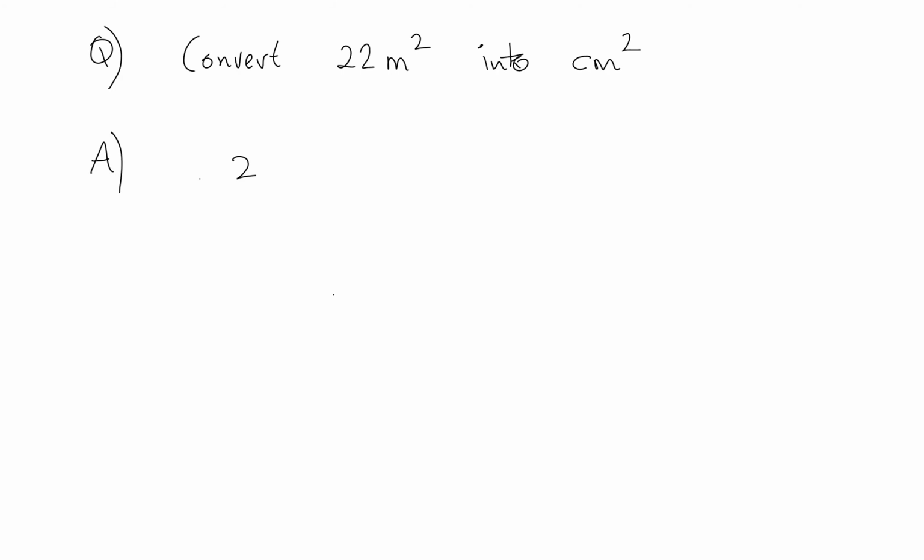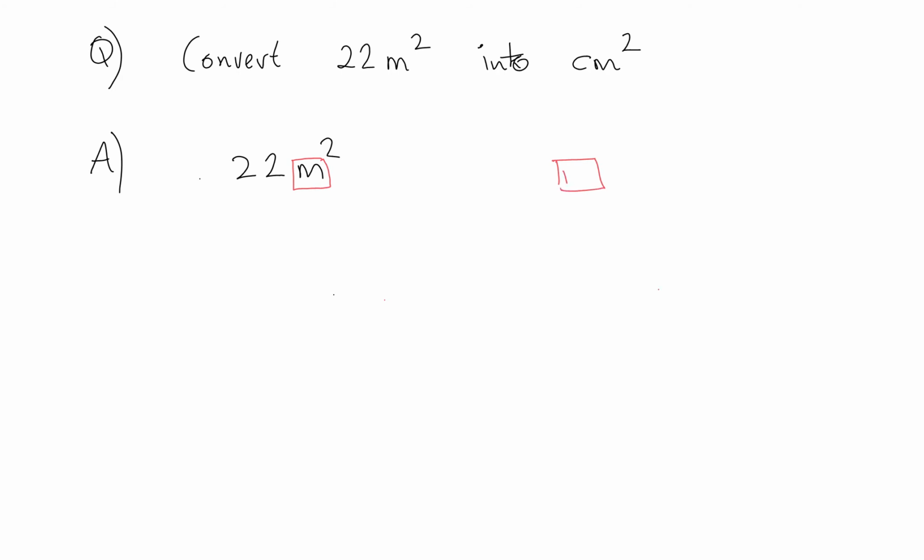So the question says, convert 22 metres squared into centimetres squared. So here's our answer. So we start off with our 22 metres squared, and we change our metres, which is there, into centimetres.